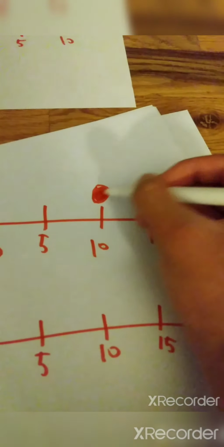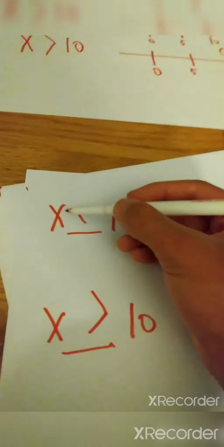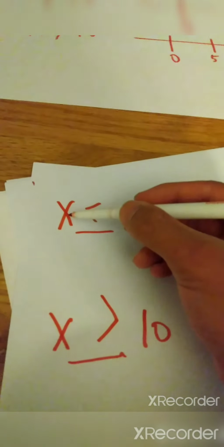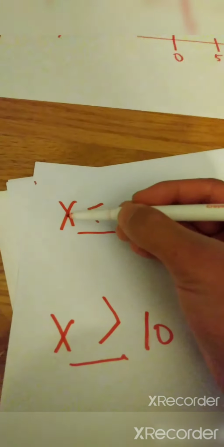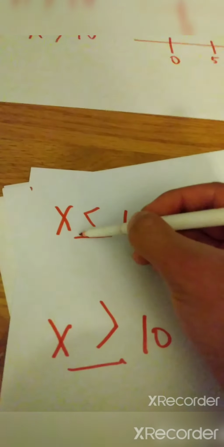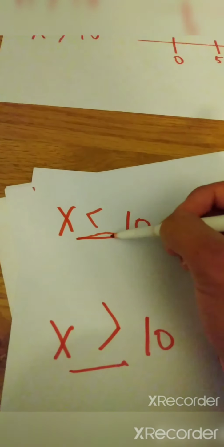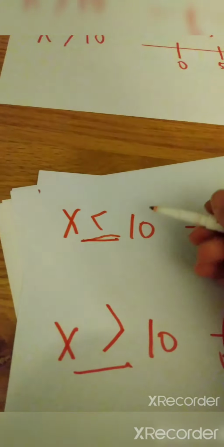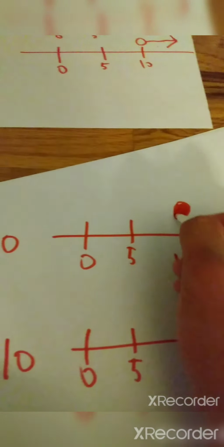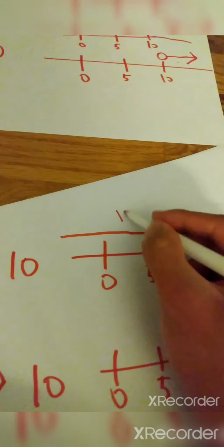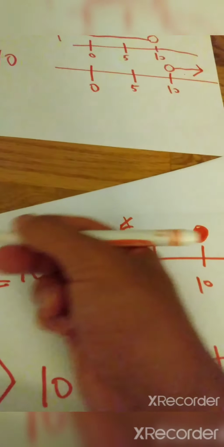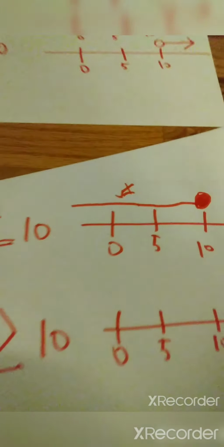We're going to shade in that bubble, because x can be 10 or less than 10. That magic carpet is magically holding the equation together to say you can be 10 or less. So we have 10, and we put the x line going to the left, because x can be 10 or less.